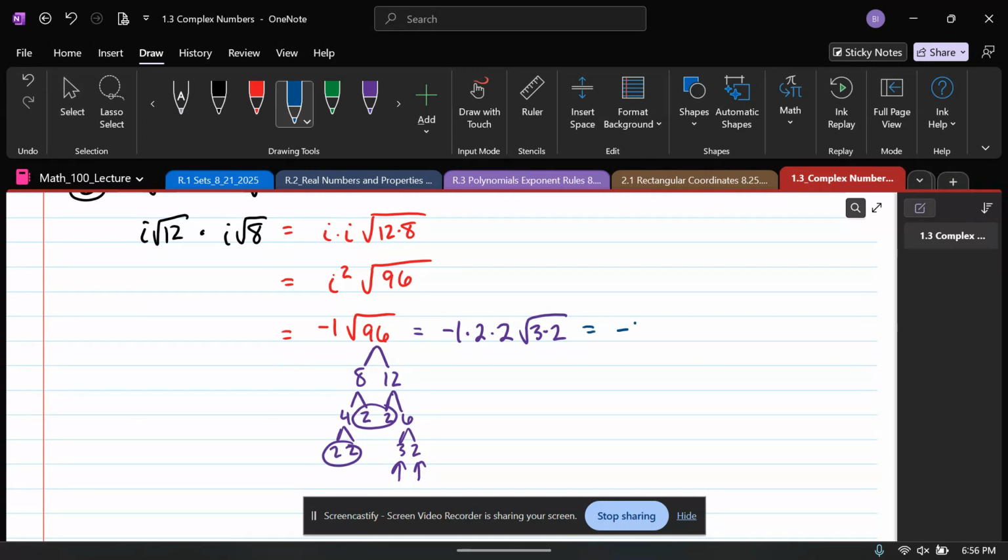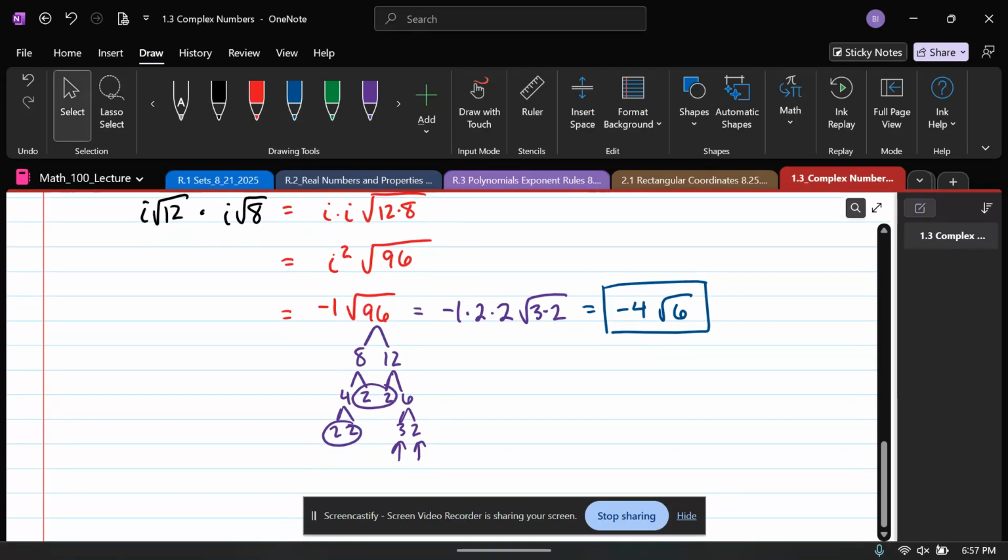That's going to be negative 4 radical 6. Remember that I squared is equal to negative 1. That's the most common one you're going to see in this, but it is something that comes up.